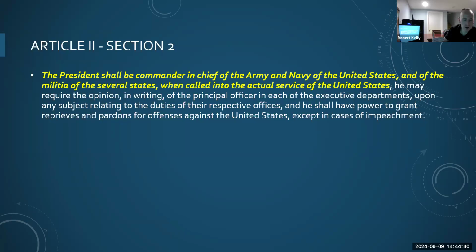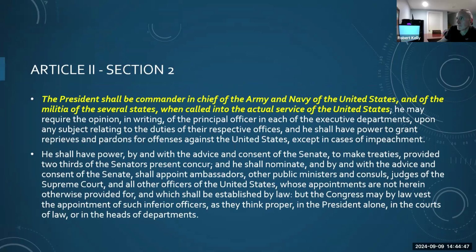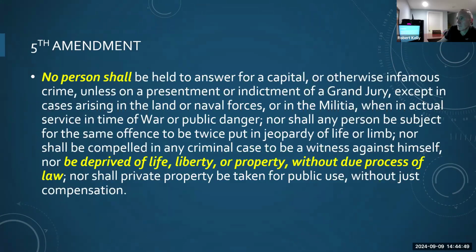Okay, so now that you know a little bit more about Article 2 of the U.S. Constitution, let's just review really quick the Fifth Amendment. Remember that in relevant part, the Fifth Amendment of the U.S. Constitution states that no person shall be deprived of their life, liberty, or property without due process of law. So for due process, you'll see that appear in the Constitution under the Fifth Amendment.